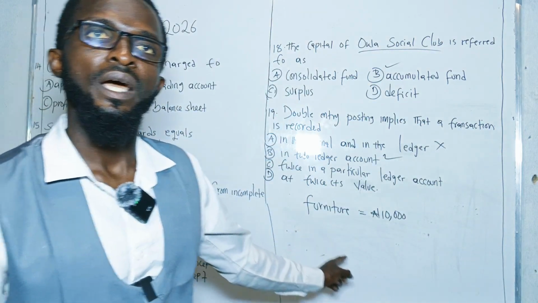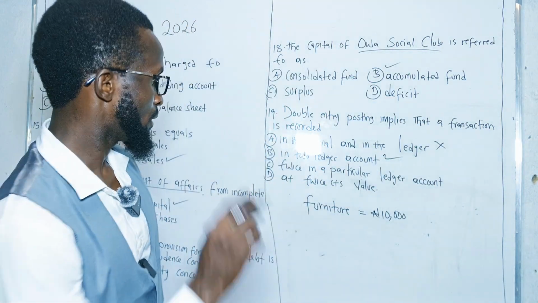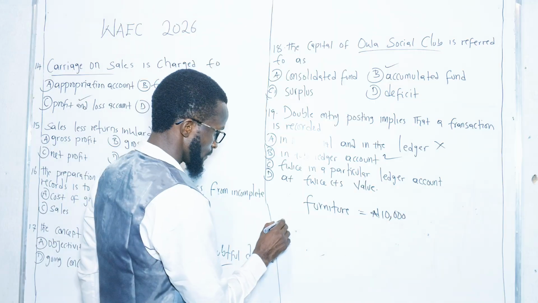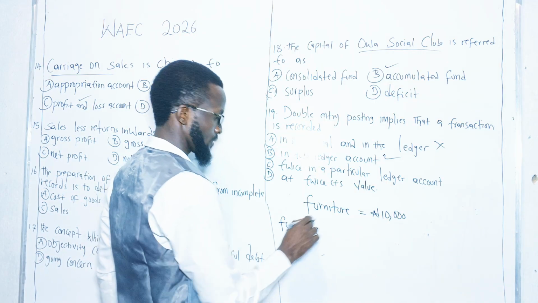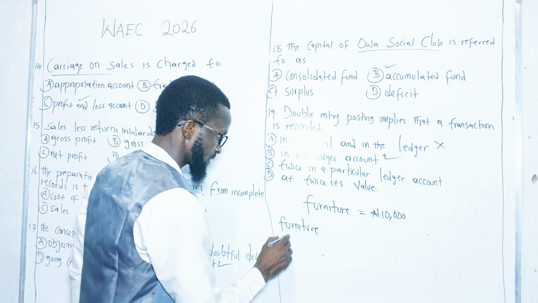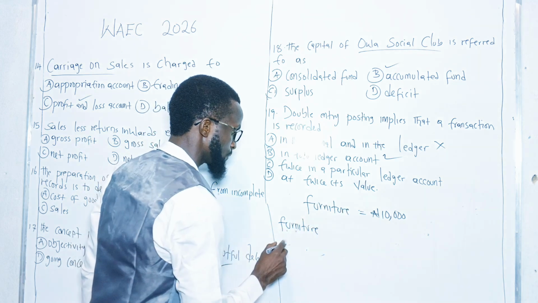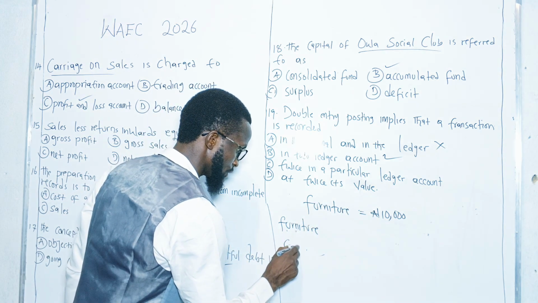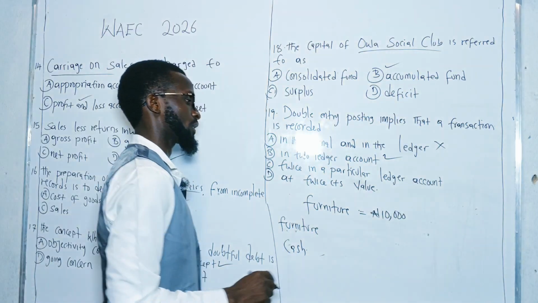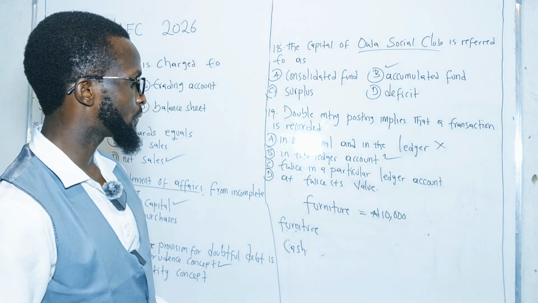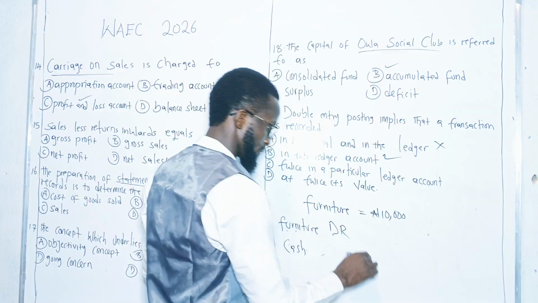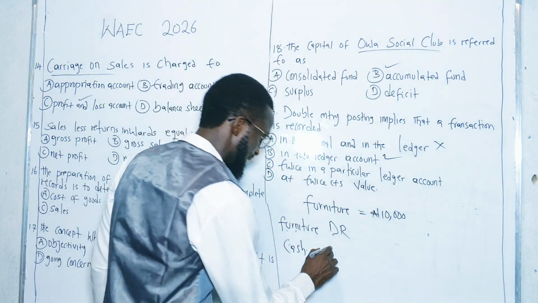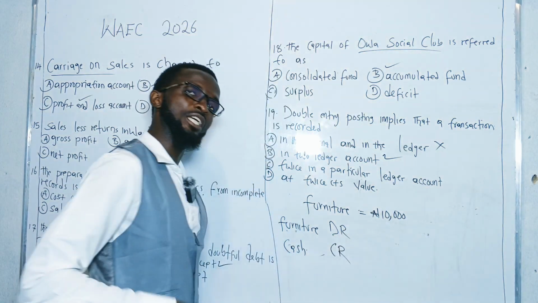This transaction has to affect two accounts. Number one, it affects the furniture account. Number two, let's say the transaction is on cash basis, it has to affect the cash account. What will happen? You are going to debit the furniture account and you are going to credit the cash account because cash paid the money.